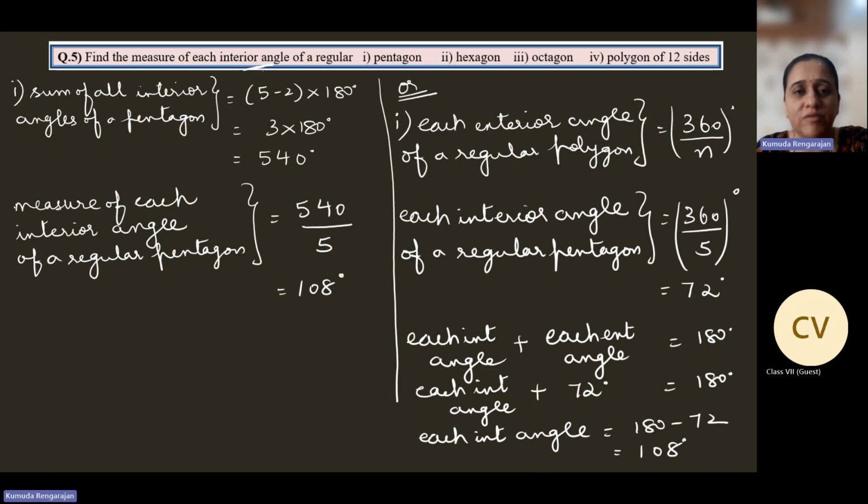What is n? The number of sides. That means the number of angles also. N is the number of sides, it's also the number of angles. So for a regular pentagon it will be 360 by 5, 72 degrees. This is the measure of each exterior. Oh, I wrote interior by mistake. Sorry, each exterior.